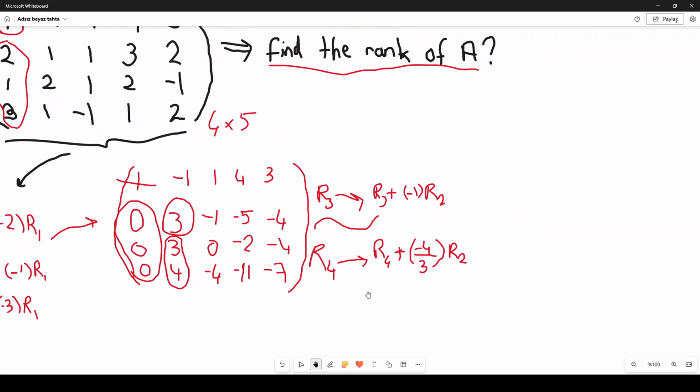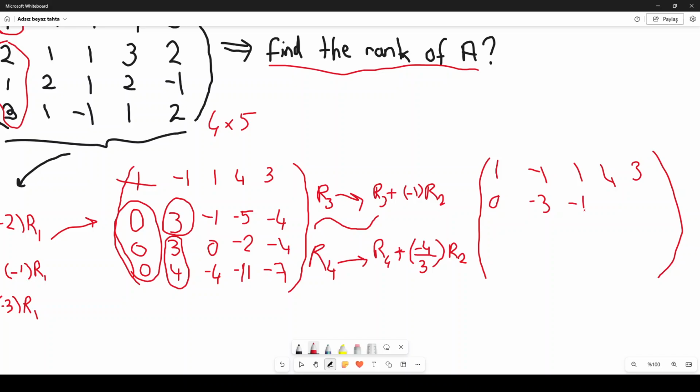So after making these changes, our new matrix becomes, let's write it down again right over here: 1, minus 1, 1, 4, 3, and for the second row, 0, minus 3, minus 1, minus 5, and minus 4.